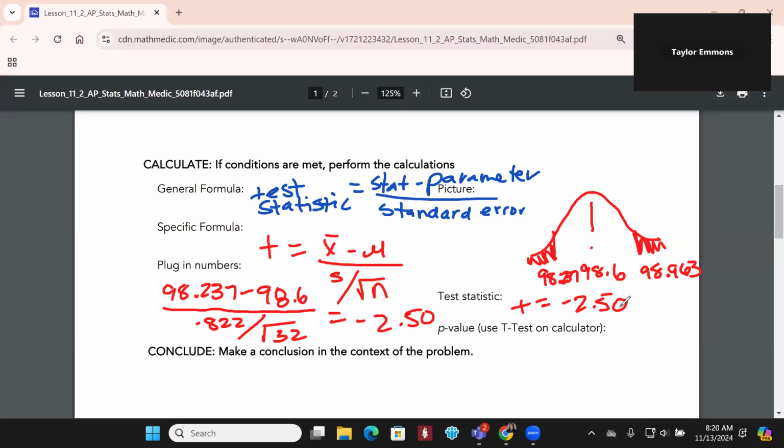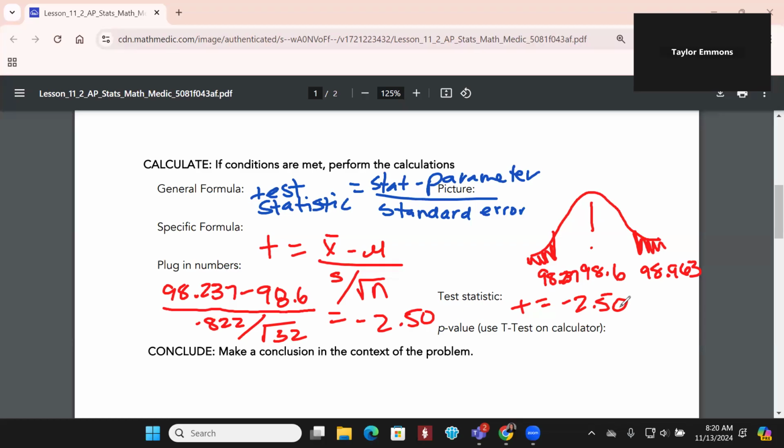Your stunned silence is very reassuring. All right, ready? Menu, statistics. That test. And then t-test. You're going to enter the stats into that, where your mu is 98.6.